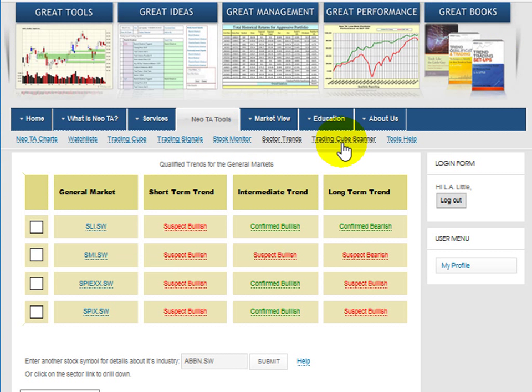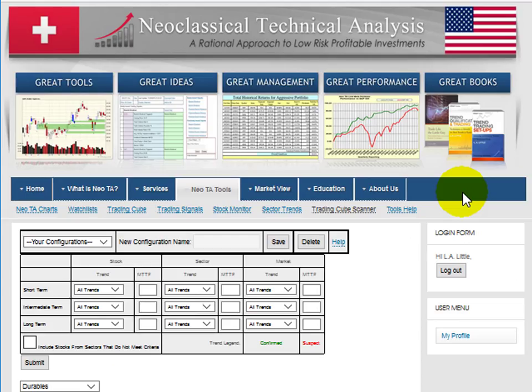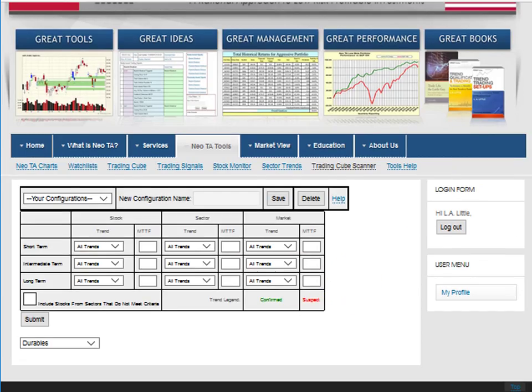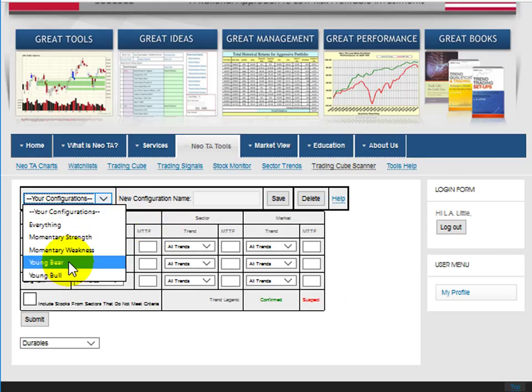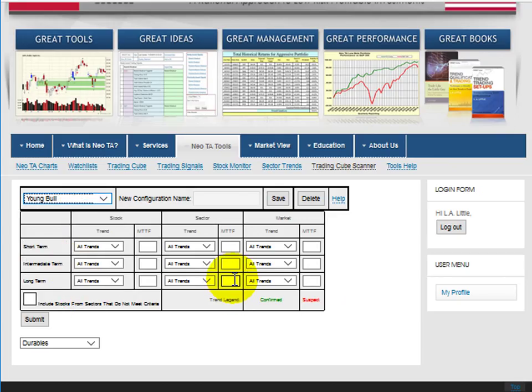That's the sector trends. Trading Cube Scanner, also same sort of tool. Scanning everything based on trend, of course, qualified trend. And so you can actually save various configurations that you care about, like a young bull configuration.